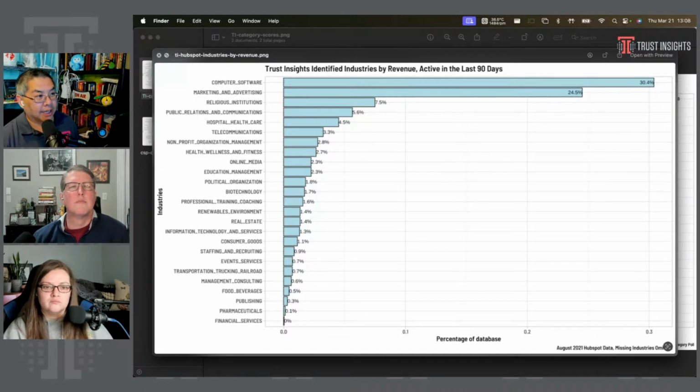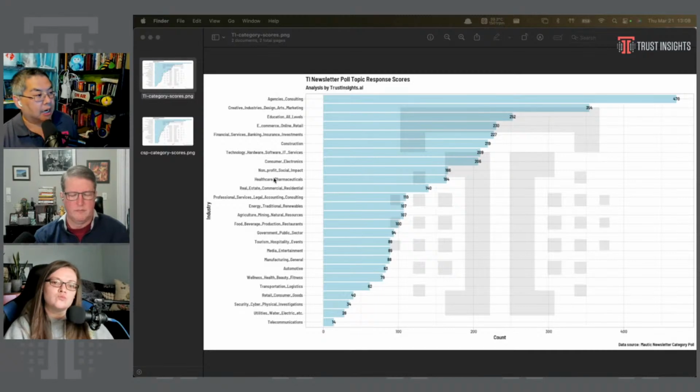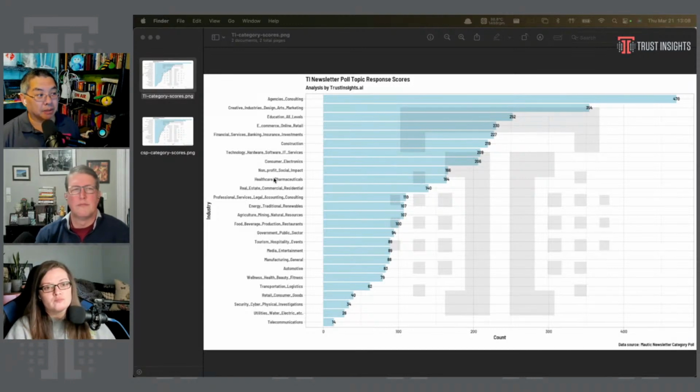That would all fall into the agencies and consulting, hospital, healthcare, telecom. So there is a difference between who we've earned revenue from versus who is on our list today. You do see that agencies and consulting, we have earned revenue from companies like that. So that would probably be a good first place to start.